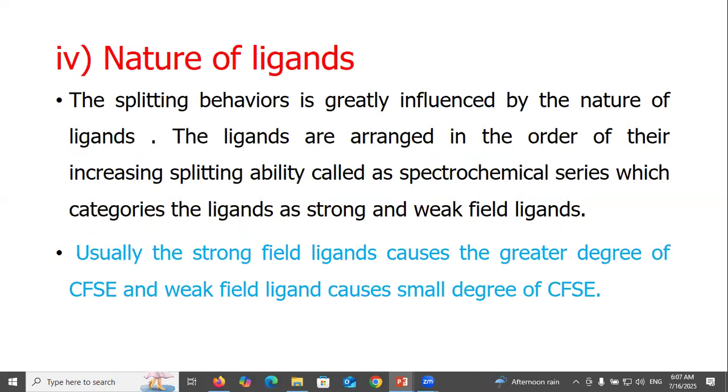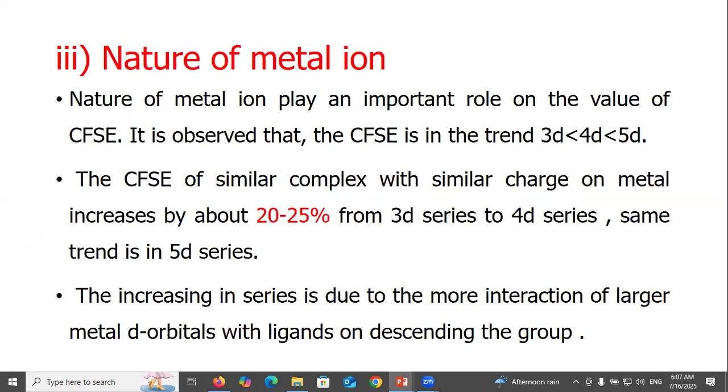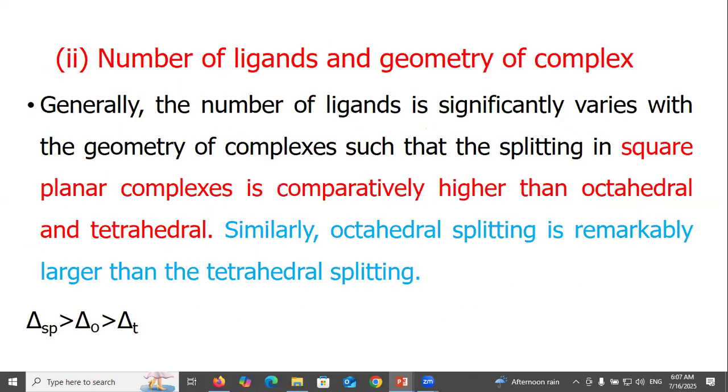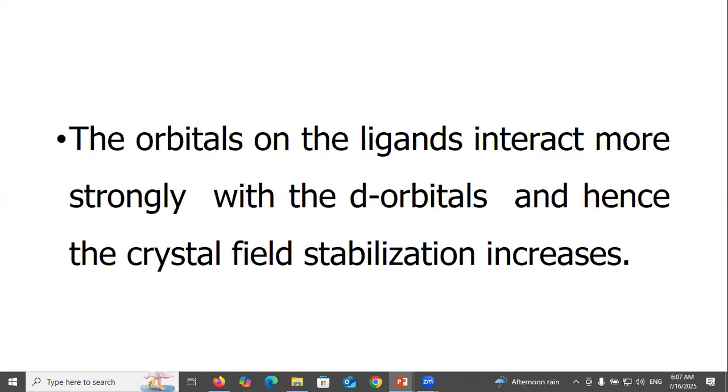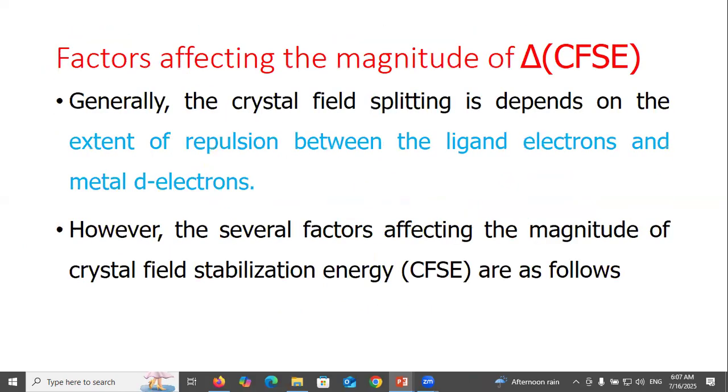Nature of ligands, nature of metal ions, 3d, 4d, 5d, number of ligands, that is tetrahedral, octahedral, and square planar complexes, and oxidation state of central metal atom affect the magnitude of crystal field stabilization energy.